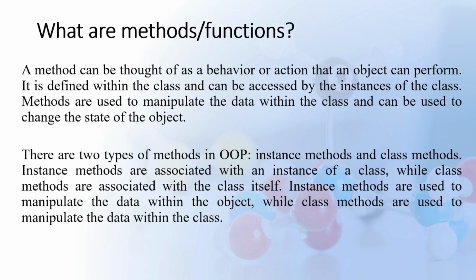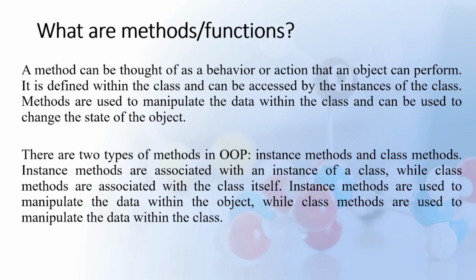Secondly, methods can access the data of the object they are called on, while functions cannot, because they're not associated with classes at all. So methods are used to define the behavior of the objects, that can include performing actions on the object's data, interacting with other objects, or performing any other task that is necessary for the object to function. Whatever instructions you give the system to perform, it can perform that.